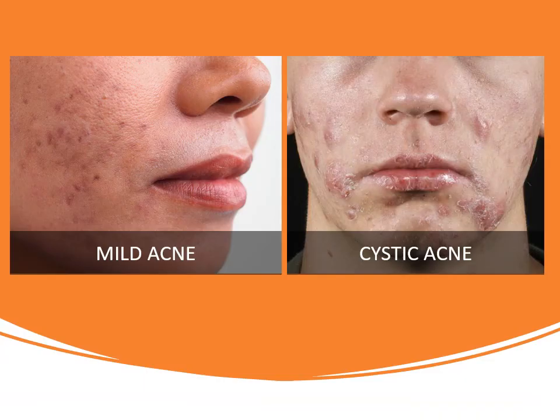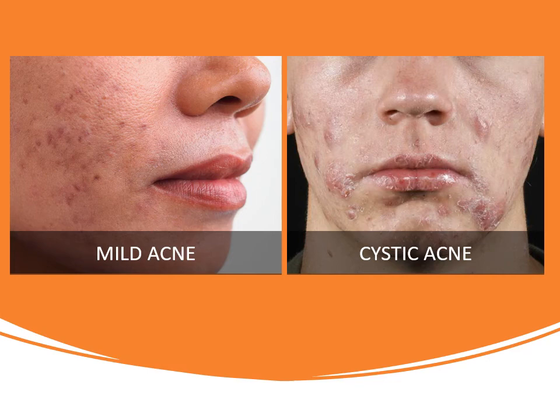Okay, so the image on the left is showing you relatively mild acne, right? So if you remember the slide before, it's gone through that process of blocked follicles, leading to some inflammation, and that's why you see red lesions here. But it's relatively mild. Cystic acne, very different, right?